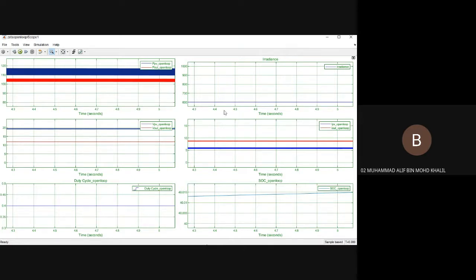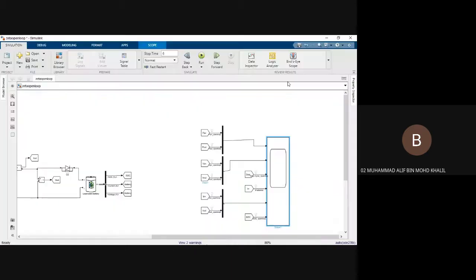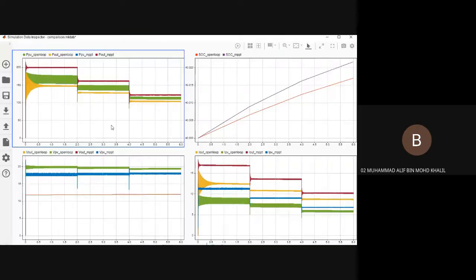So I also have combined these two graphs to show you that okay, here this is the graph. We have PPV open loop, which is the graph before, and the P out overlaid with PPV for the MPPT algorithm, which is the P&O, and P out of the MPPT, which is the P&O.